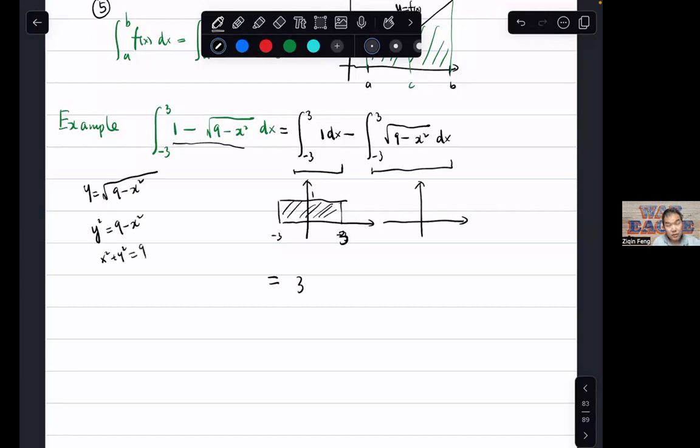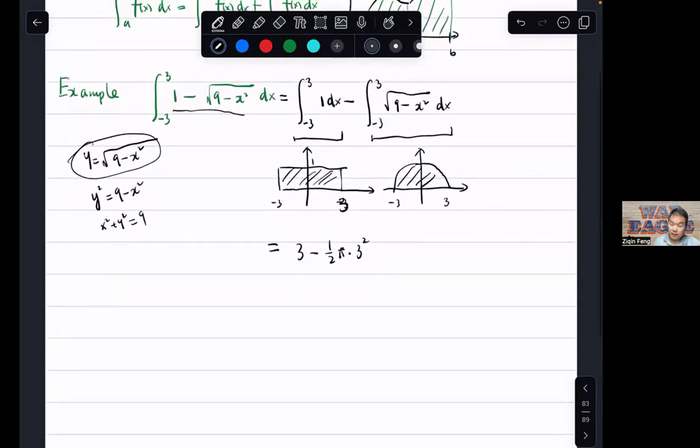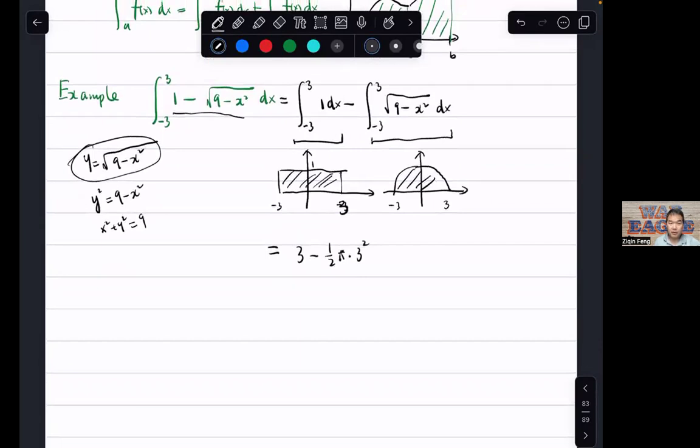That's a circle with radius 3. Because y is positive, that's the top half of the circle, from -3 to 3. So the second term is basically the area of the half circle, so this is minus 1/2 times pi times 3 squared. This is a way to evaluate this integral in terms of areas.